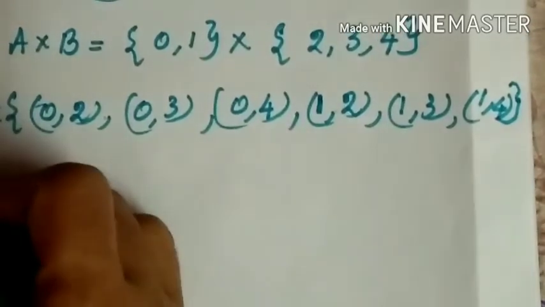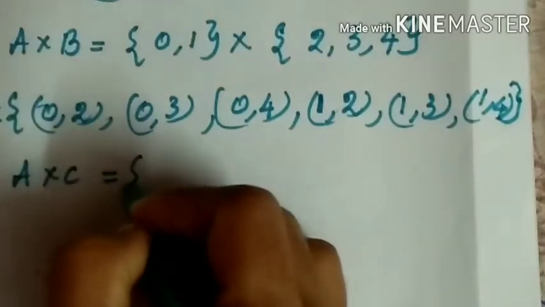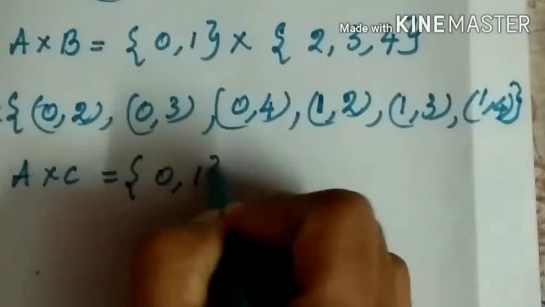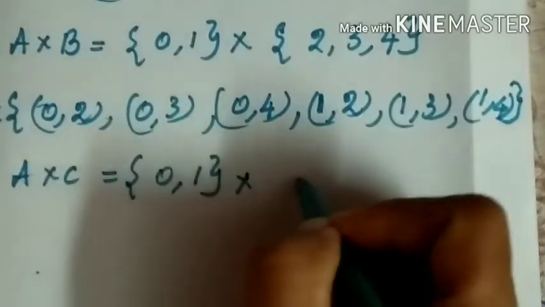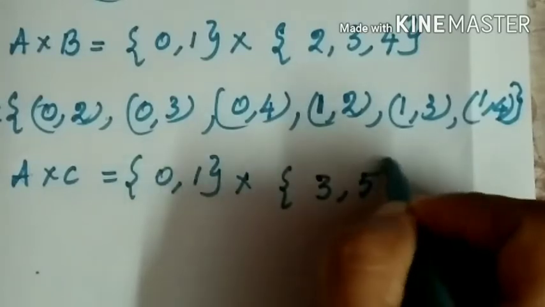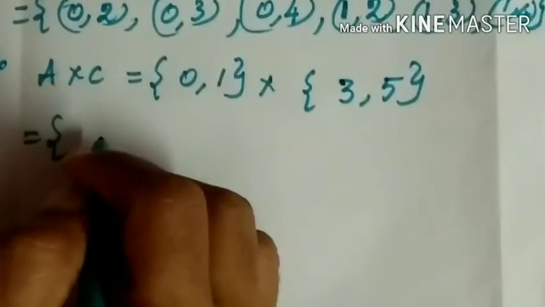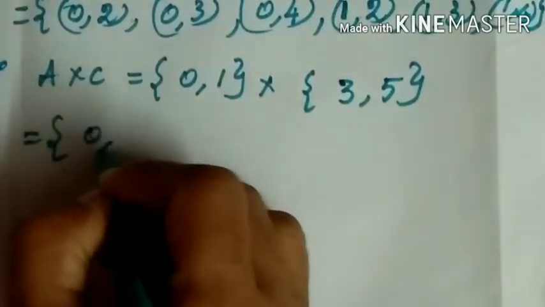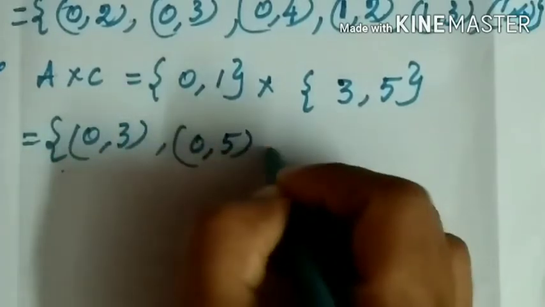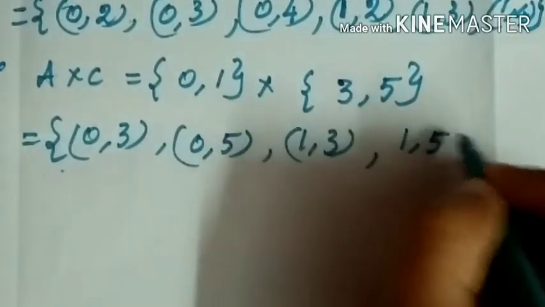Then next bracket term A cross C equal to {0, 1} cross C set {3, 5}. Then the ordered pairs (0, 3), (0, 5), (1, 3) and (1, 5).